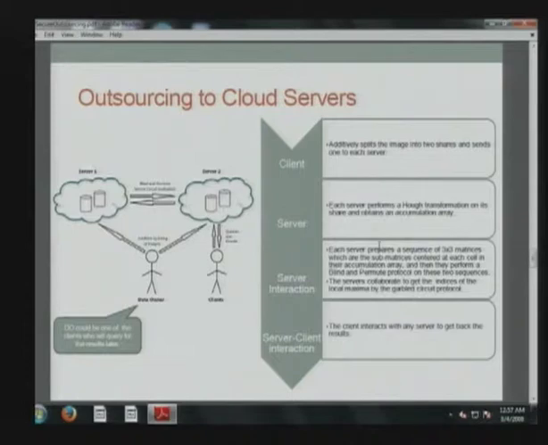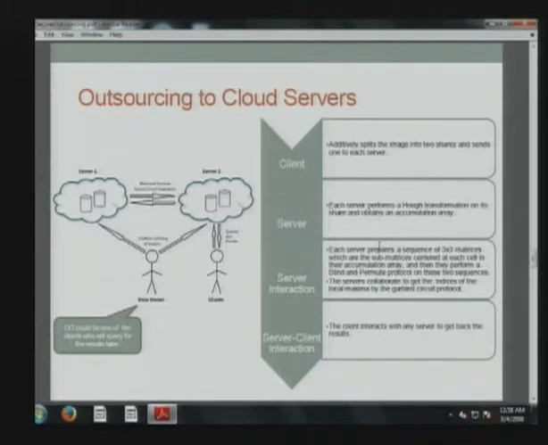And then each server performs a half transformation on its own share and obtains an accumulation array according to its share. This process is just as described before. They perform the half transformation for each cell in the accumulation array, and they just sum the values of the pixels on the straight line with the parameter.